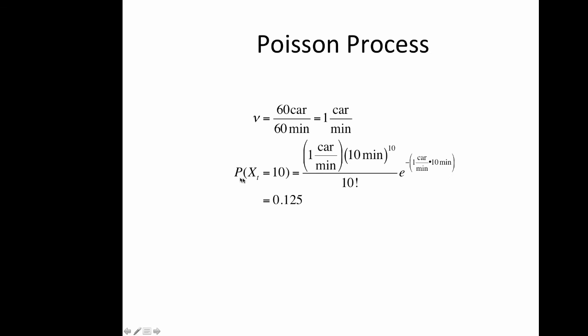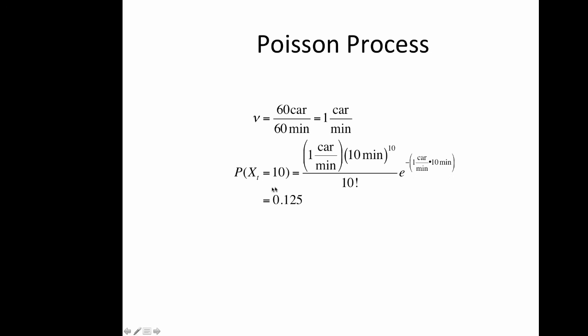So the probability that x is equal to 10, that we observe 10 cars making a left-hand turn in an interval of 10 minutes, is going to be our Poisson PMF, where we have our lambda, which is our nu times t. So we have 1 car per minute times 10 minutes. This is raised to the x, 10, divided by x factorial, 10 factorial, times the exponential of minus lambda, which is nu t, 1 car per minute times 10 minutes.